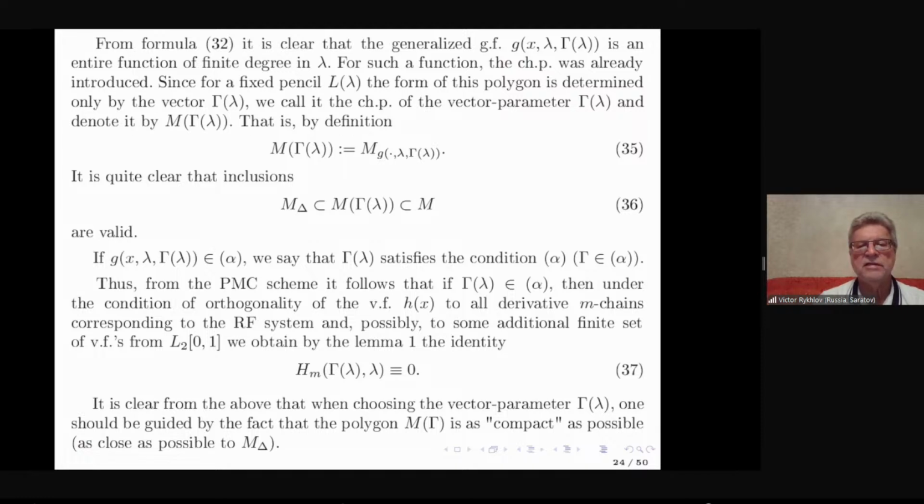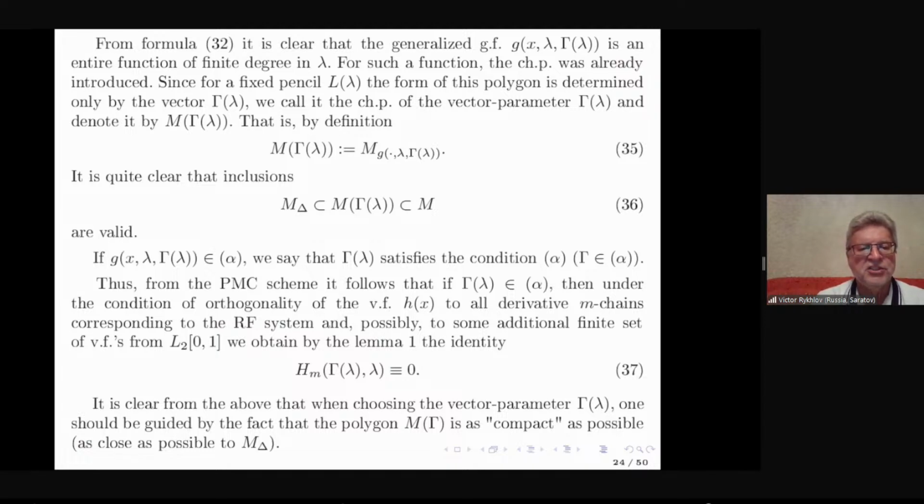We call it the characteristic polygon of the vector parameter gamma of lambda and denote it by M gamma of lambda; that is, by definition, M gamma of lambda equals M of the point lambda gamma of lambda, formula 35. It is quite clear that inclusions 36 are valid.